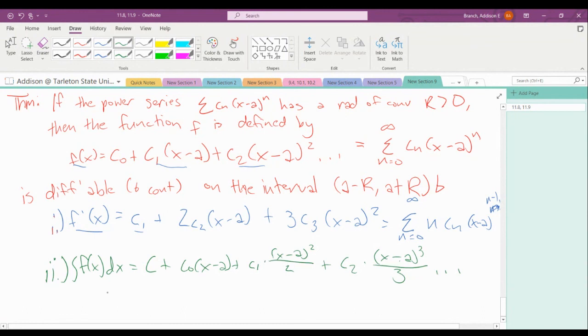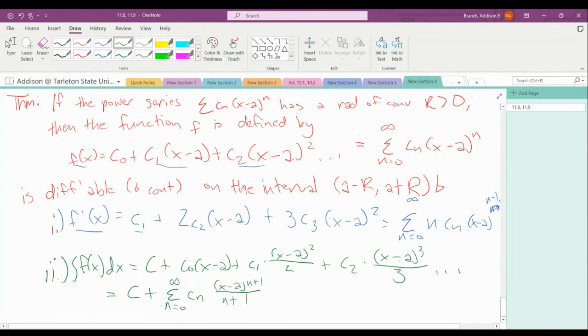We can say that that is equal to c plus our series of n goes to infinity of our coefficient times x minus a to the n plus 1 over n plus 1.